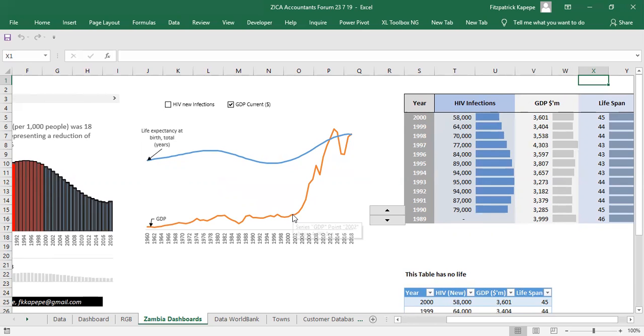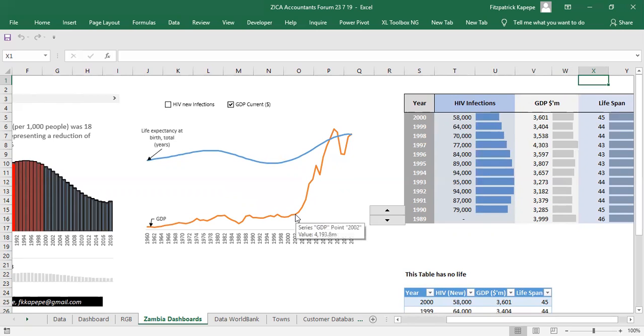President Mwanawasa took on, and when you look at this slump around that time, Zambia was highly indebted. Then HIPC debts were forgiven through that program called the Highly Indebted Poor Countries.